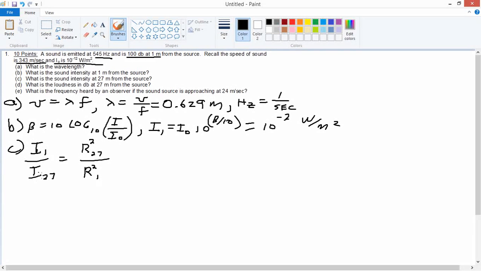I set this up as an inverse proportion to the distance squared. Okay, solving for I27 equals the intensity at 1 meter times radius at 1 meter squared, which of course is 1, over radius of 27 meters squared, which of course is 27 squared. Plugging and chugging into the calculator.